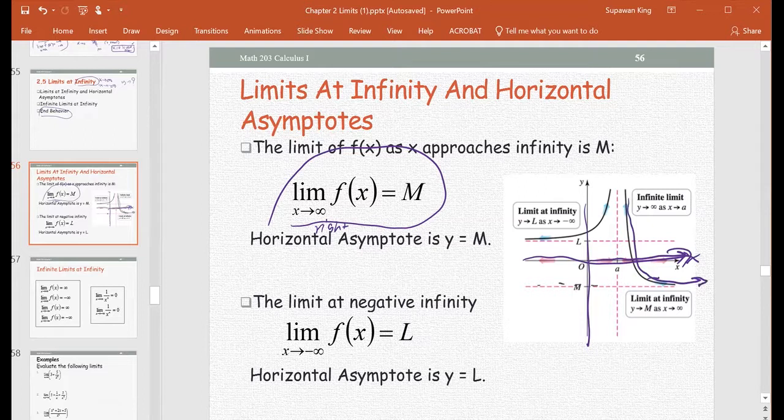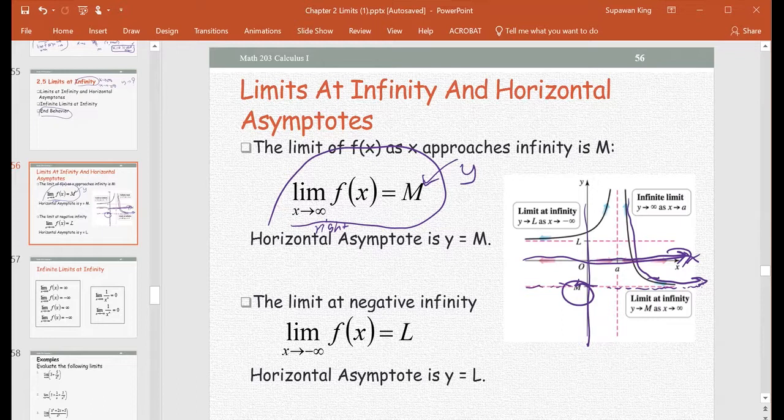And in this case, the right tail of the graph approaches the line y equals m. Therefore, that's the y value. So y approaches m as x approaches infinity. So that is the end behavior, the right end behavior of the graph.